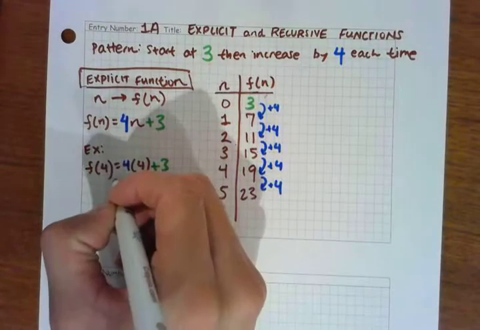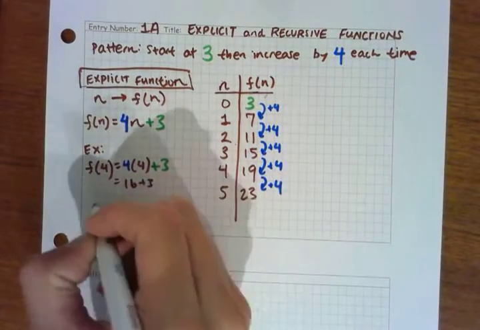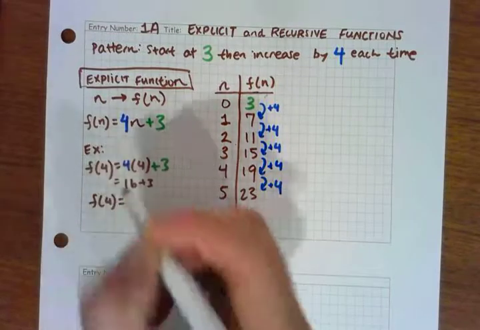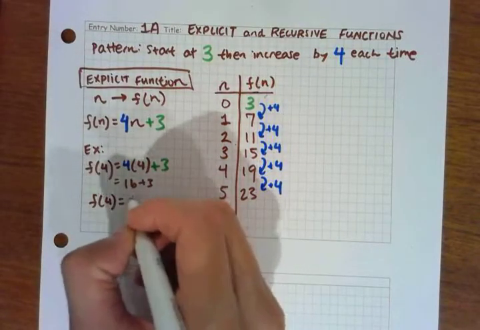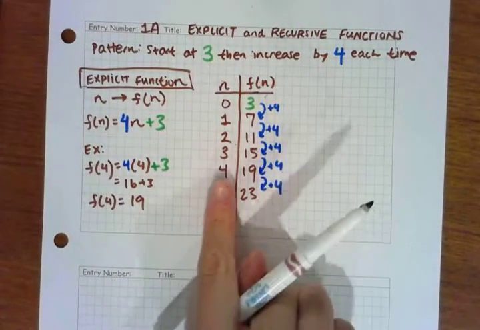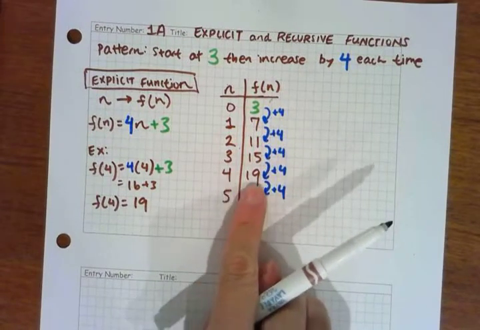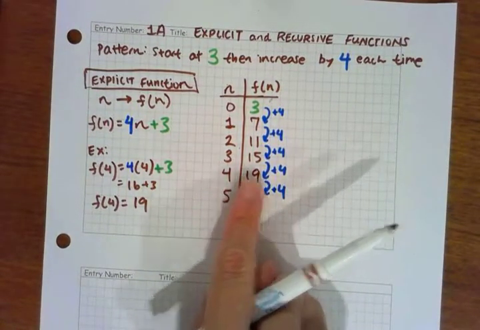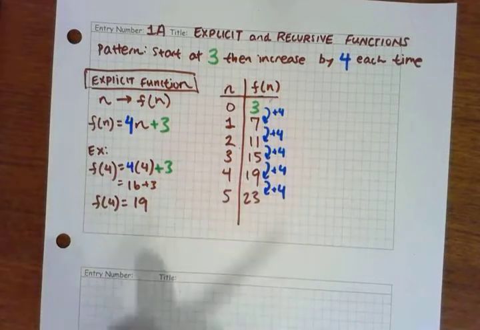And when you multiply this out, you get 16 plus 3. So we know that f of 4, or the fourth term in this pattern, is 19, which is what we got right here. When n is 4, f of n is 19. Your input is 4, your output is 19.